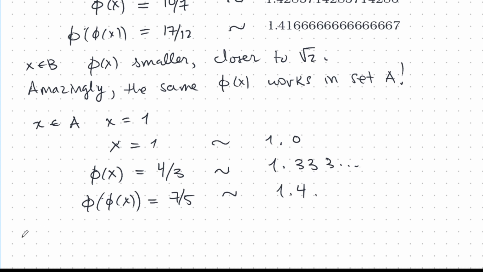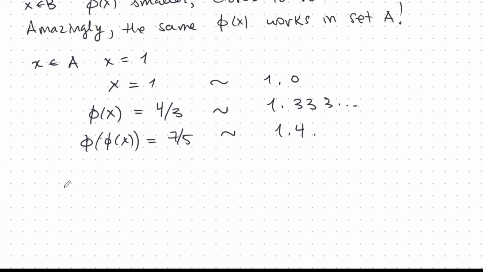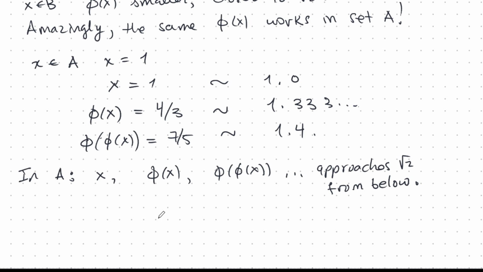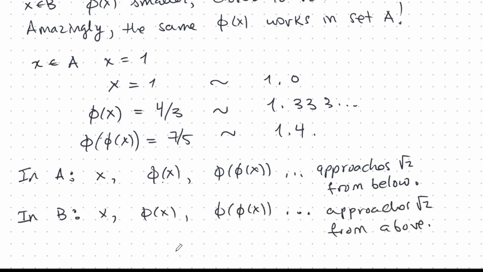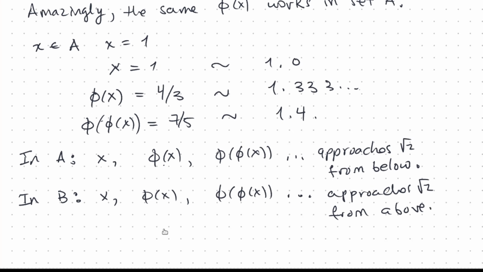That's really nice. So let's write that down. What we see from the data: in set A, the sequence x, phi of x, phi of phi of x, and so on, approaches root 2 from below. And if you start in B, the sequence x, phi of x, phi of phi of x, and so on, approaches root 2 from above. So it gets smaller. So that's really interesting. And we will prove this phenomenon in the next part.